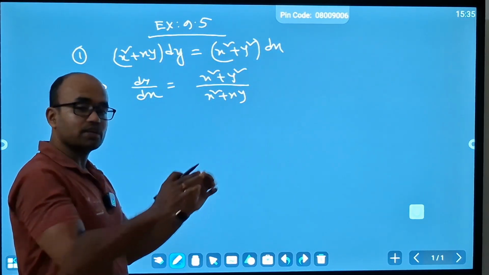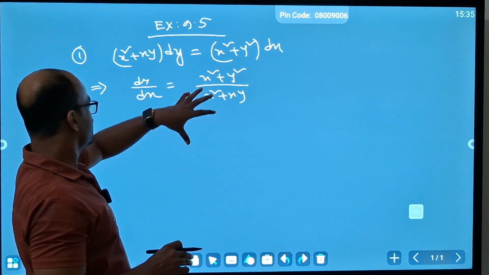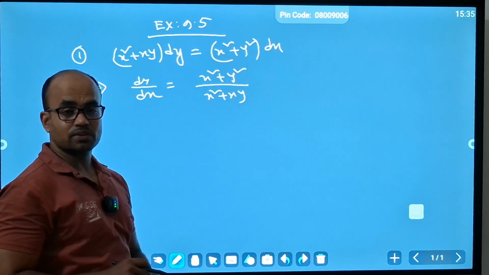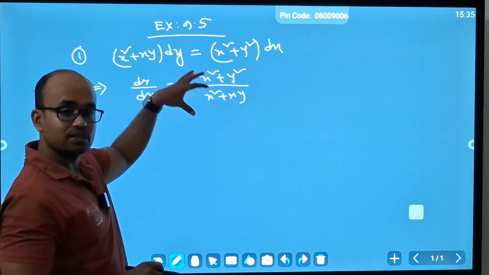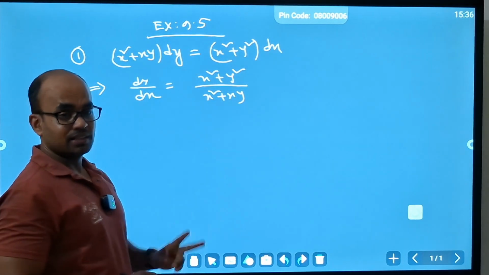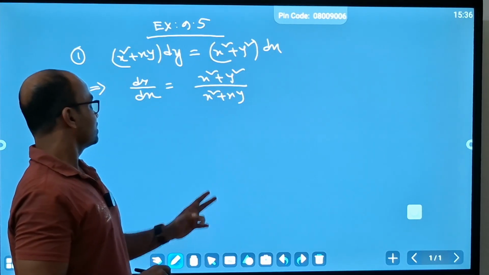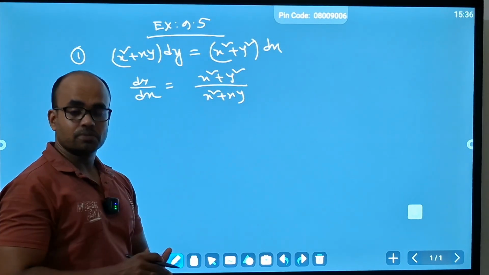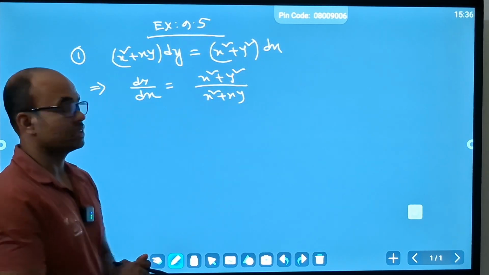Here, at first we have to check what type of equation this is. There are two variables, x and y. So at first we try to separate by the variable separable method.